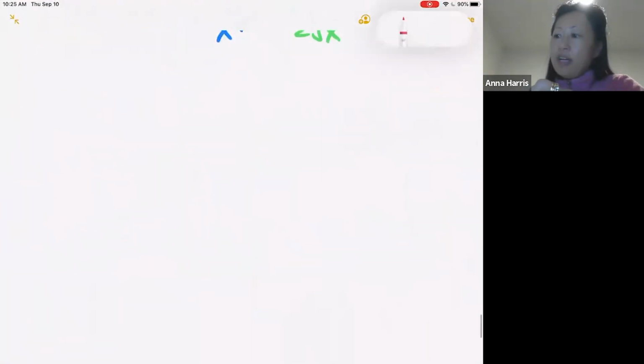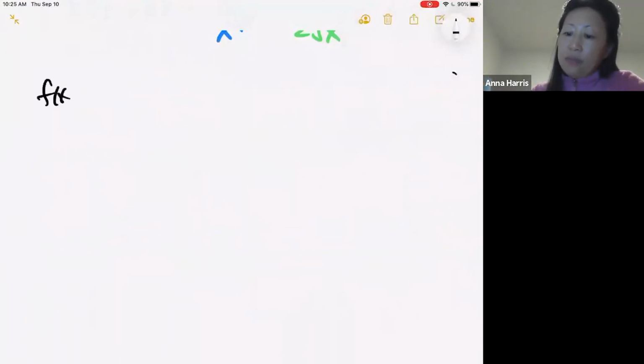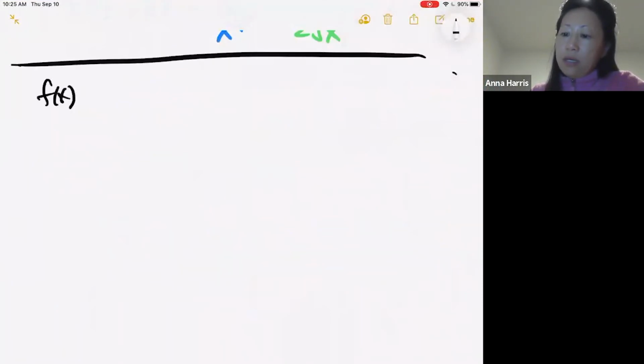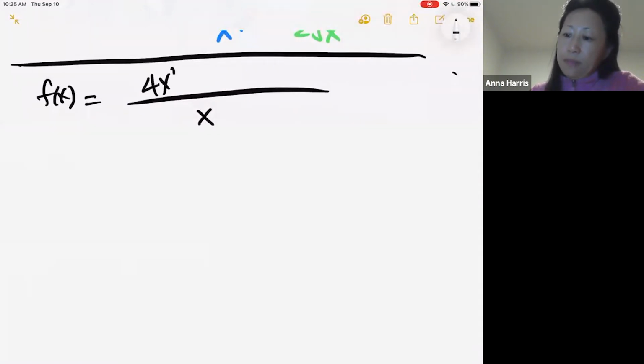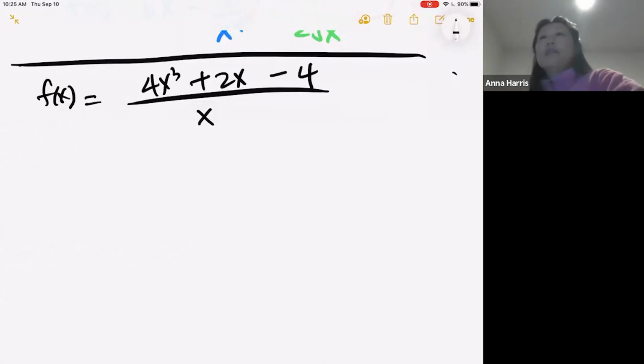Okay, if I give you problems like this, the first thing you need to do, again, is rewrite this problem into individual terms.